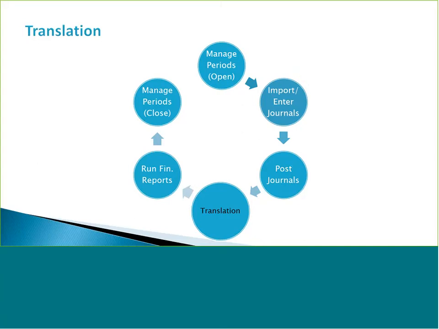So the thing to note here is that if we post the journals and then run translation, and then we realize that maybe there was something wrong after we run our reports, and maybe we have to go and do some adjustments, maybe do some reversals or something like that, we would then have to do translation all over again, so that the translated balances can show the correct amounts.